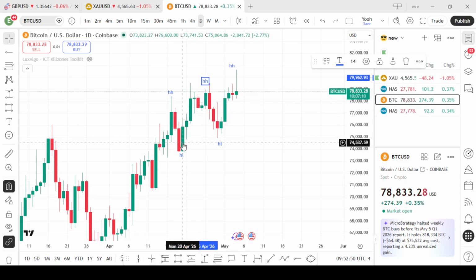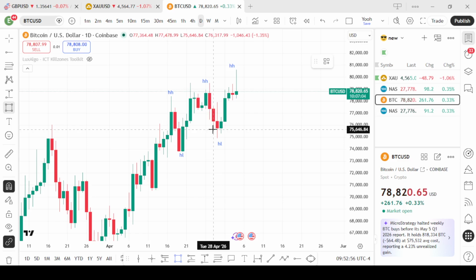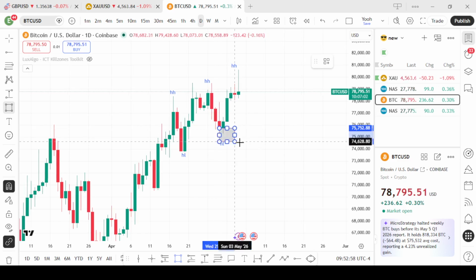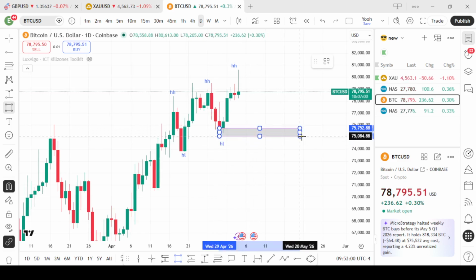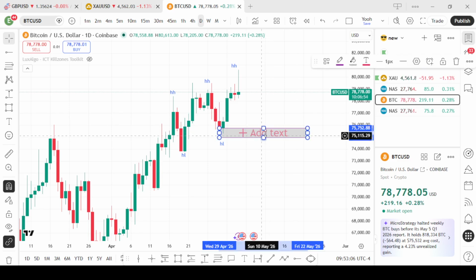With the higher highs being so clear, I can say once we breach this, this is the support that will let us know if we are done with the correction.